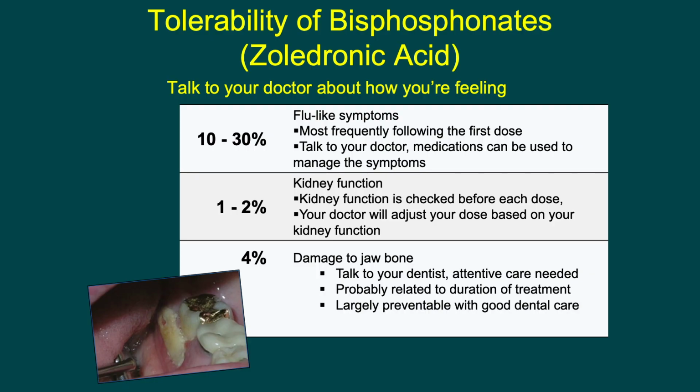As for side effects, probably most of you have experienced some kind of flu-like symptoms the first couple of days. There are several ways to deal with that: non-steroidal anti-inflammatory drugs, some steroids, Tylenol, and eventually it will go away. Zoledronic acid can affect the kidney, so it's very important that we know the kidney function before we give that drug.